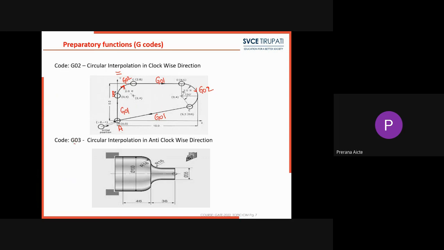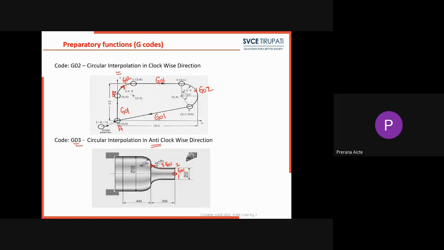Then comes G03. Here it is circular interpolation in the anti-clockwise direction. If the cutting tool is moved from point 1 up to point 2 with G01, then up to point 3, here also G01. Then the cutting tool is moved in an anti-clockwise direction.